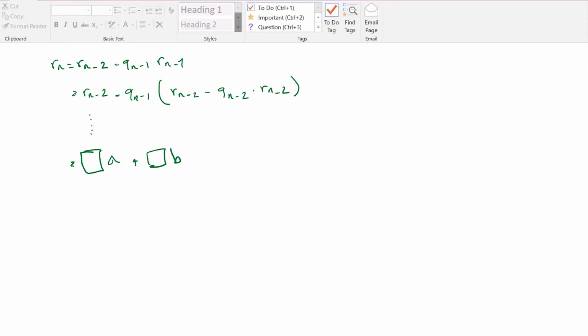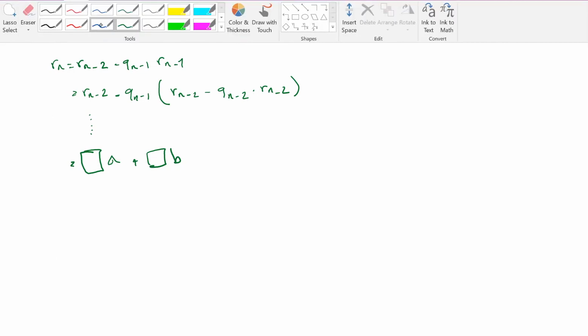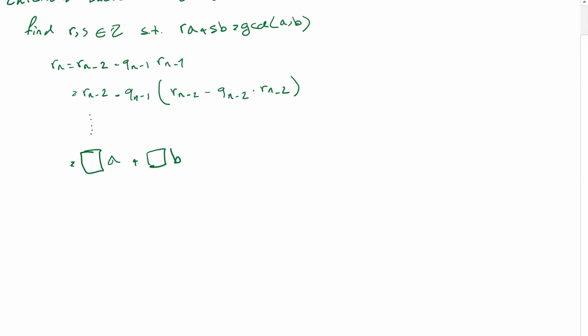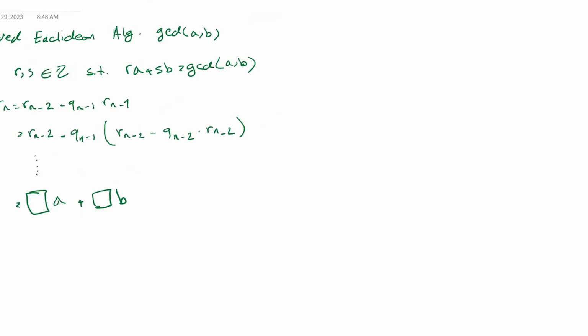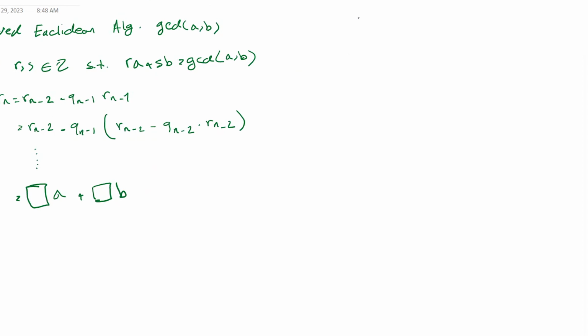Let me give you an example. I think this mathematical notation makes it a bit hard to understand. Remember when we wrote the GCD of 48 and 18? So we said 48 equals 2 times 18 plus 12, right? And I said 18 equals 1 times 12 plus 6, right?